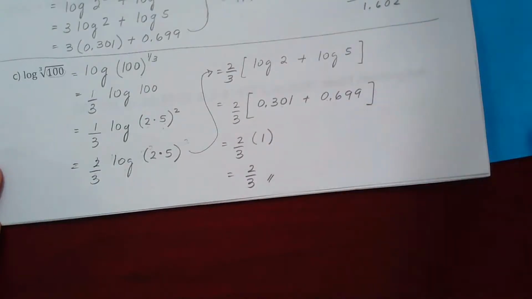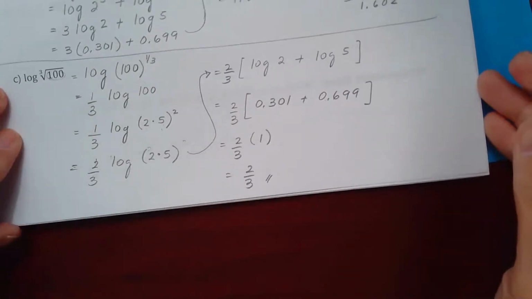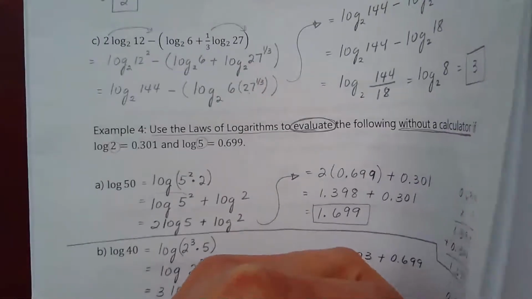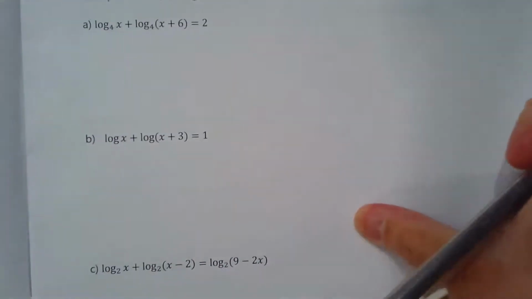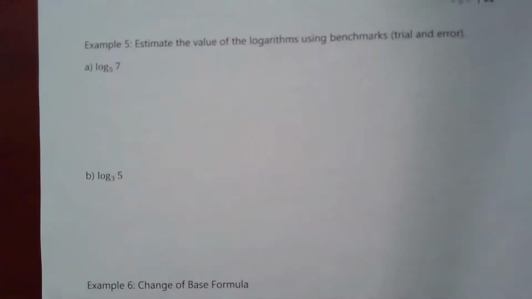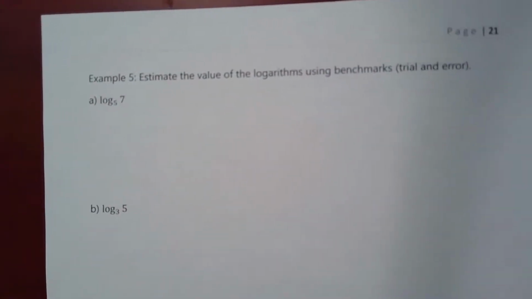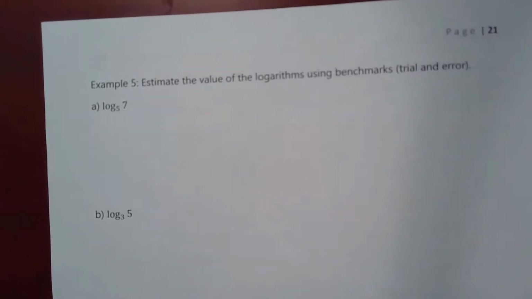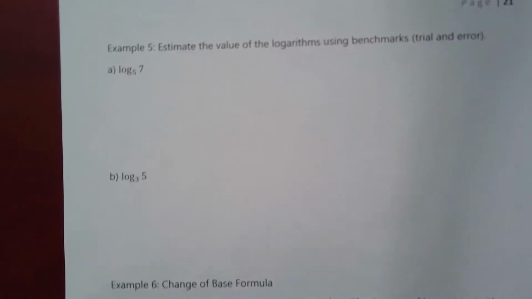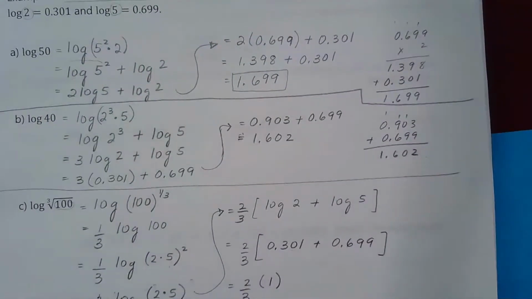I think I'm going to stop right here, just because it's getting way too long. The next class, which is tomorrow, we will continue on with this. But for the meantime, here are the questions that I would encourage you to try.